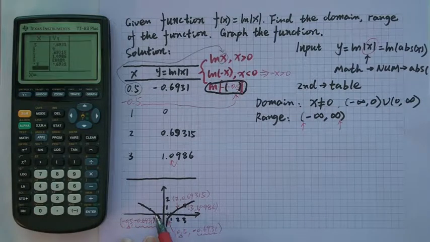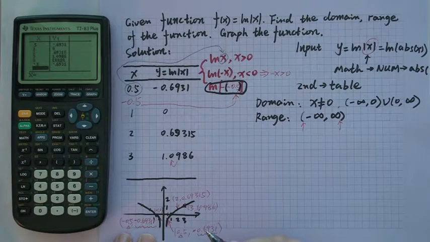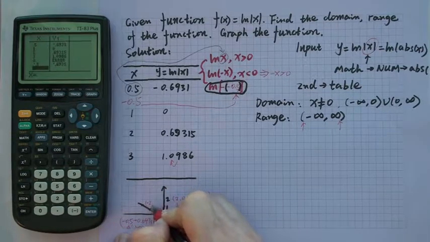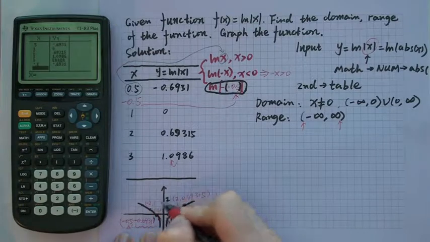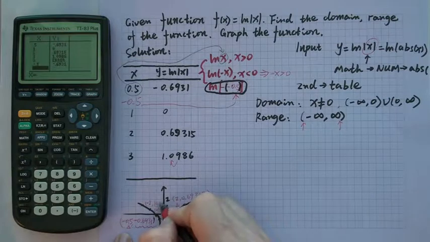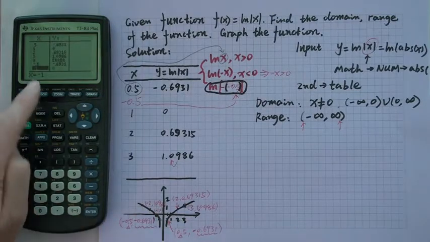So basically down here, you have negative 1, 0. You may input negative 1 and get 0 for this point. And then for this point, you have negative 2, 0.6931. You may try negative 1, you have a 0.